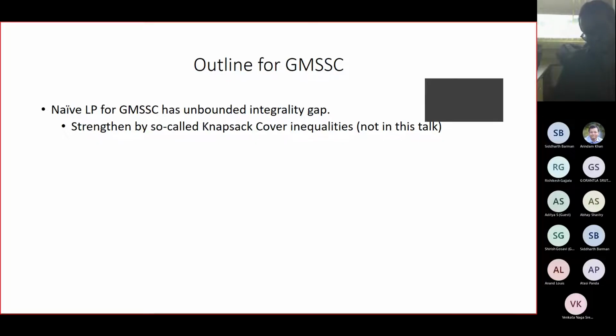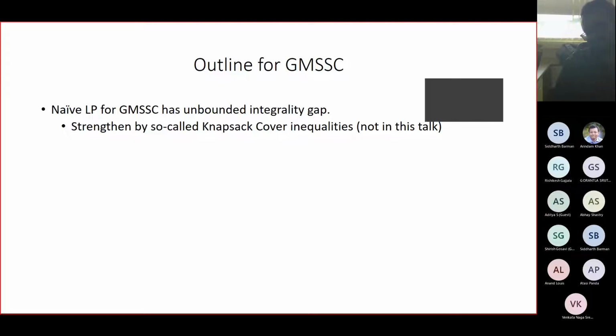So first of all, if I use a natural LP for the more general problem of arbitrary covering requirements, then that has an unbounded integrality gap. And this kind of happens for the same reason that knapsack type problems have unbounded integrality gap. And we strengthen this LP by using what are called knapsack cover inequalities.